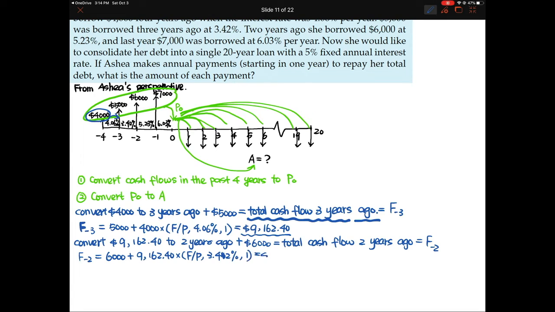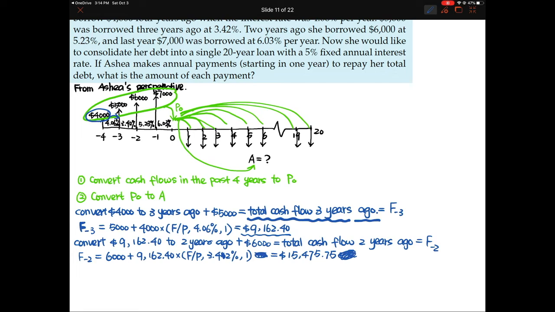Okay, and then this amount is your cash flow. Okay, we don't have to write that.